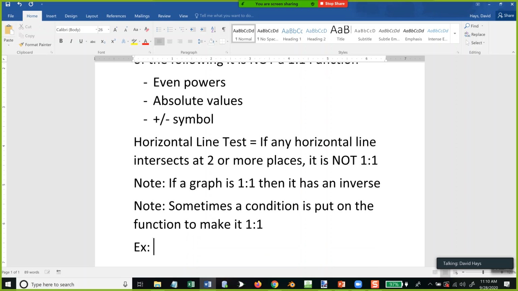An example of that would be y is equal to x squared. The fact we have an even power means that it would not be a 1-to-1 function. It would not have an inverse. But they'll put a condition on there saying where x is greater than or equal to 0.